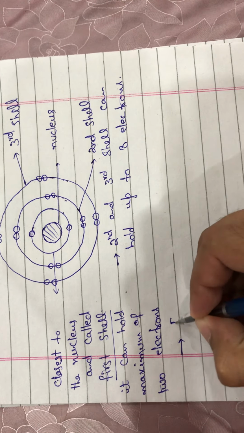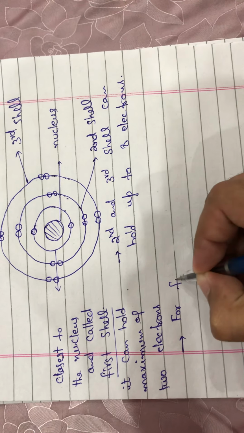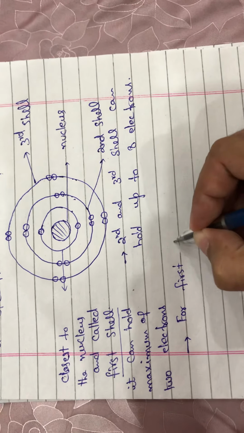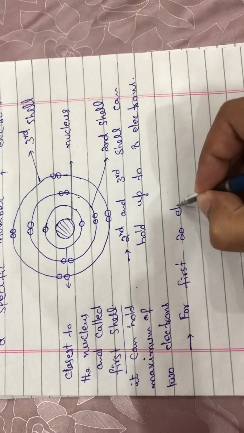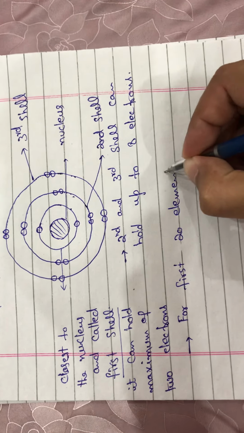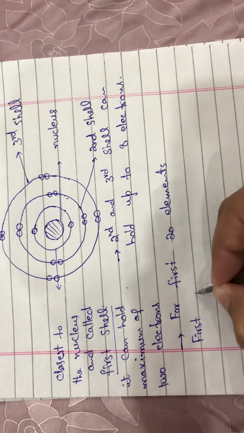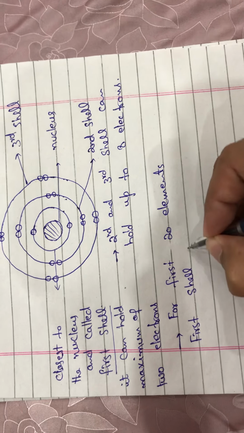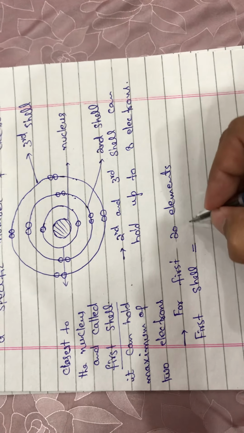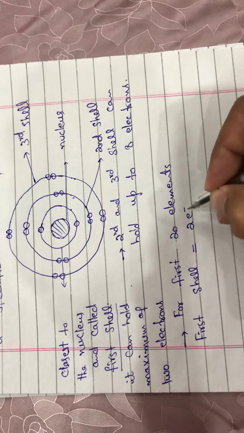For the first 20 elements, the first shell contains how many electrons? 2 electrons.